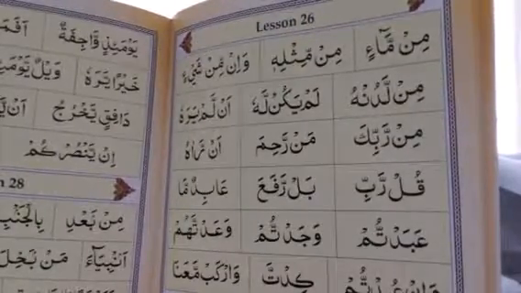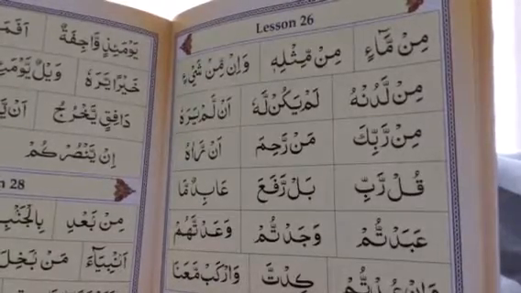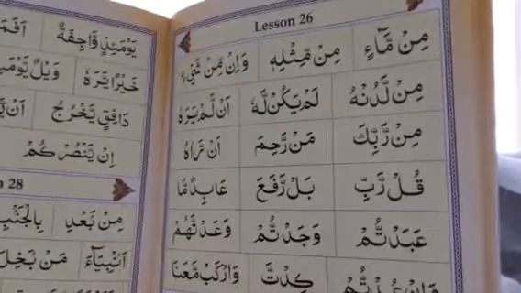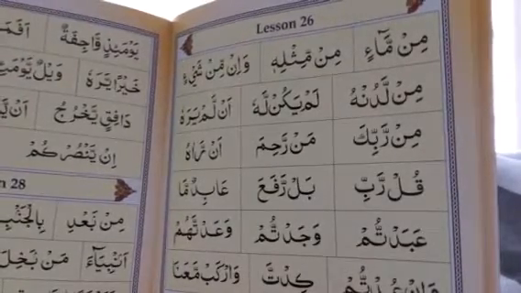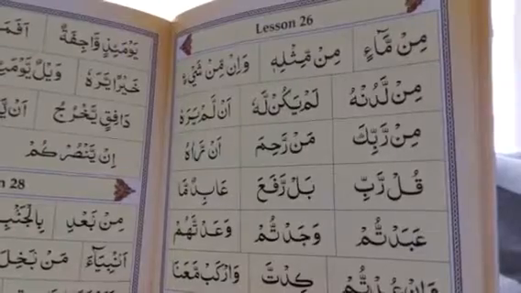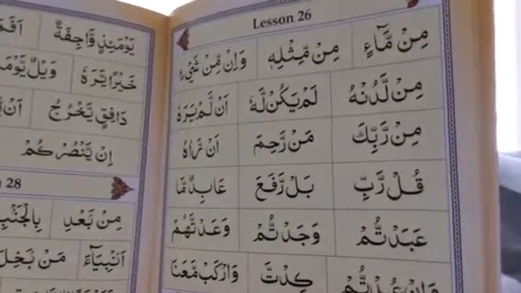So shin is among them. So you just position your mouth getting ready to pronounce the letter that comes after the nun sakin or tanwin. It is the same rule. Wa im min shay'in.